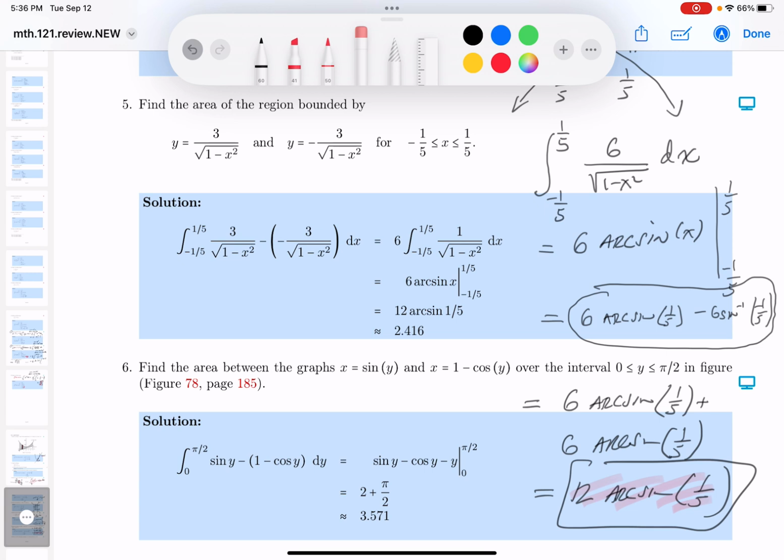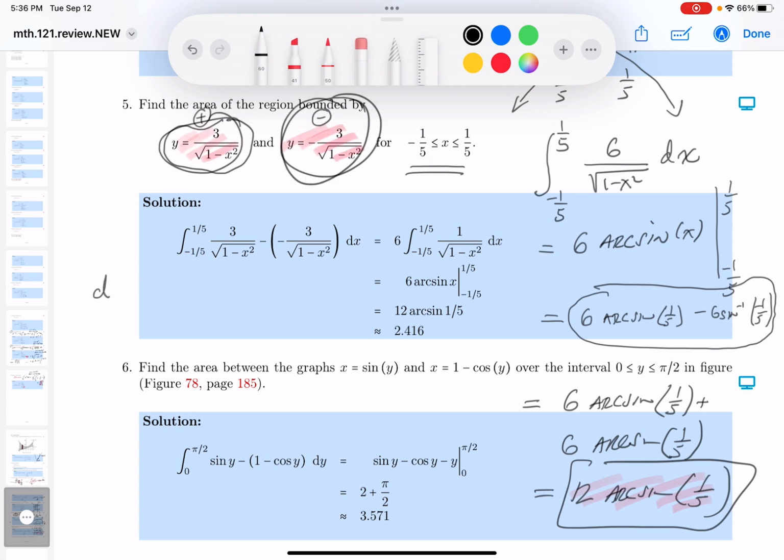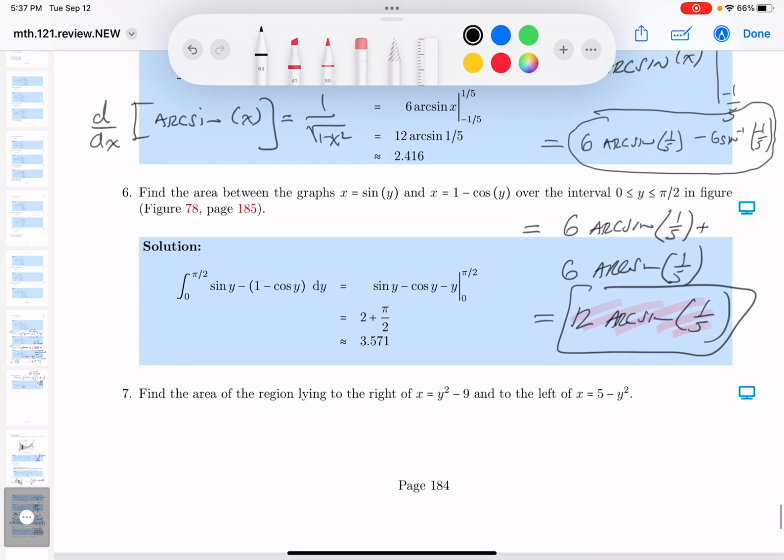And what I want to verify is the derivative with respect to x of the arc sine of x is equal to 1 over the square root of 1 minus x squared. So I want to kind of remind you what you did in the past, and let me go through that with you.